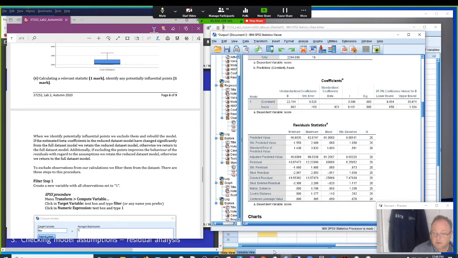Now what I'm going to do is take a screenshot of that, so just bear with me while I do that. I'm just going to take a screenshot of the coefficients, if it's going to let me do that.